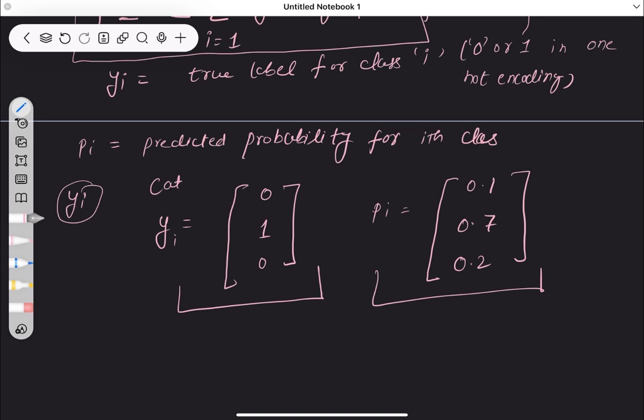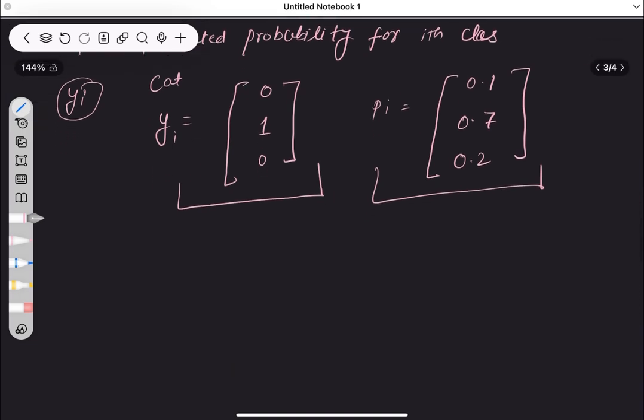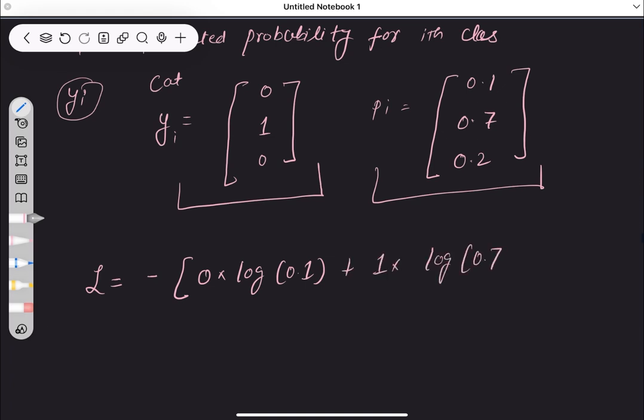So again, what will the cross entropy loss look like for this particular example? L equals negative of 0 times log of 0.1 plus 1 times log of 0.7 plus 0 times log of 0.2, which equals negative of log 0.7, right?